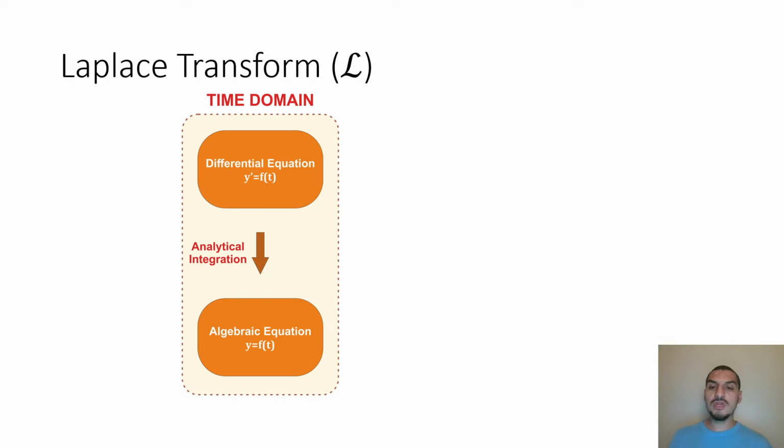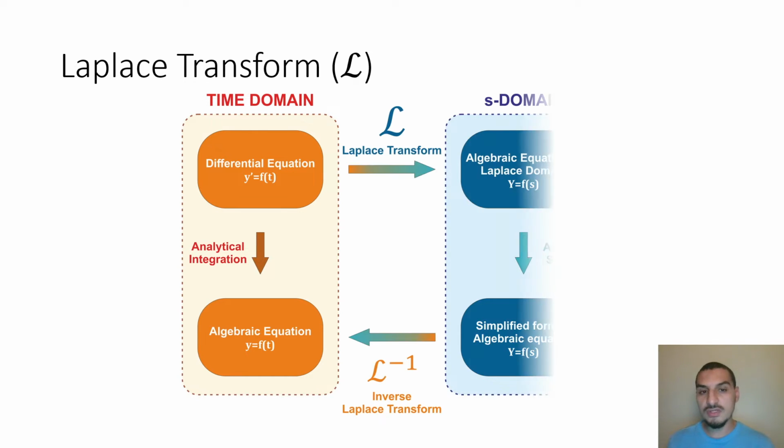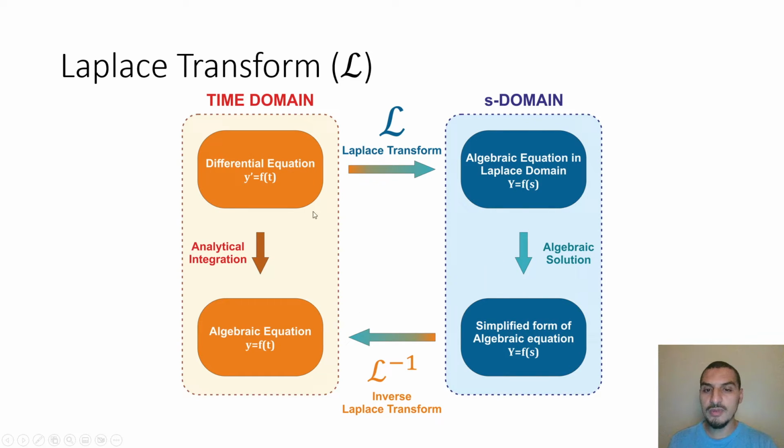We will convert the equation from its form in the time domain, as a function of t, into another domain, which is a function of s. We do the Laplace transform, which converts the function from the time domain into the s domain. The s is the variable that corresponds to t in the actual domain.